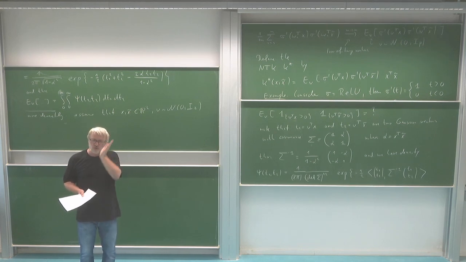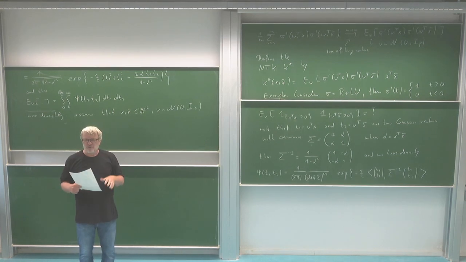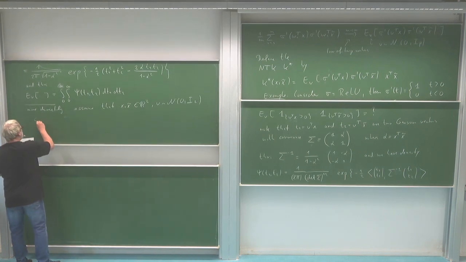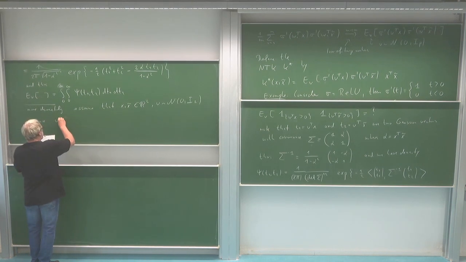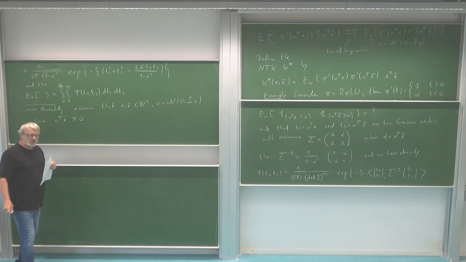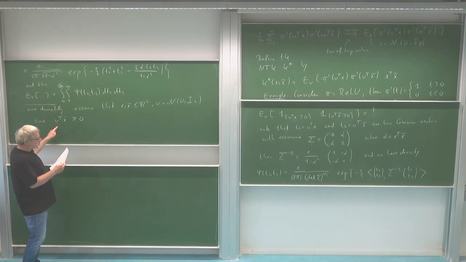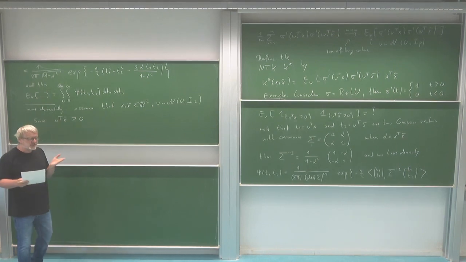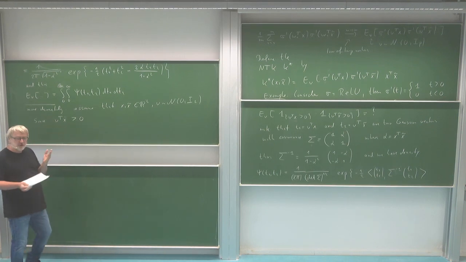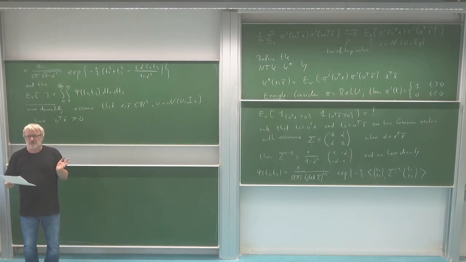Okay, so what I have to do: I'm now in R2, I have a Gaussian random vector there, and I have 2 vectors which are fixed, and I want to see that the projection on each of them, or the inner product, is positive. So what I want to check for each of the 2 is whether the inner product of my Gaussian random vector with the given x is positive. But actually for this being positive, I can also normalize this to 1.